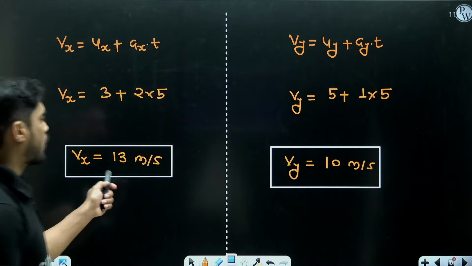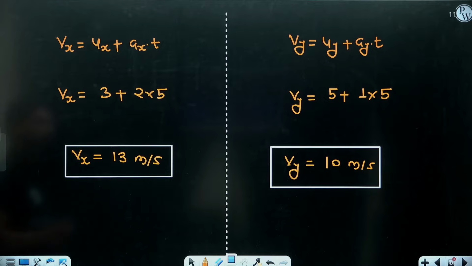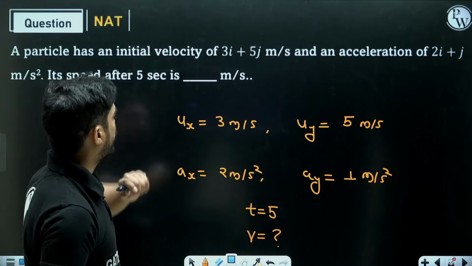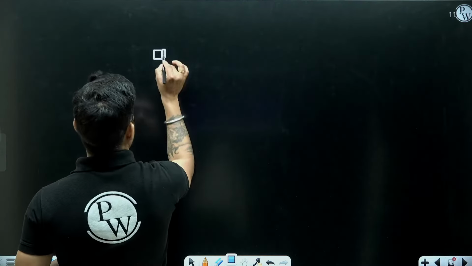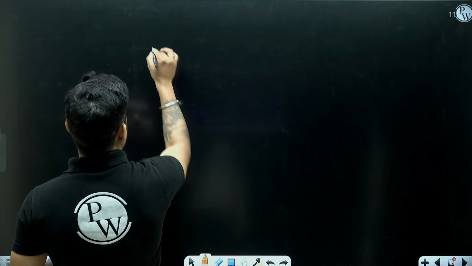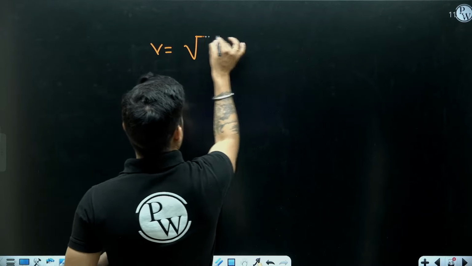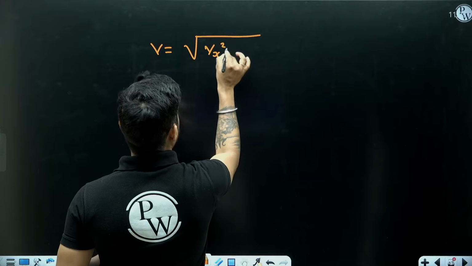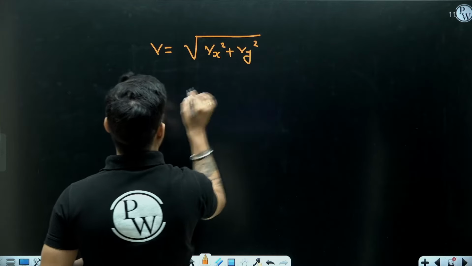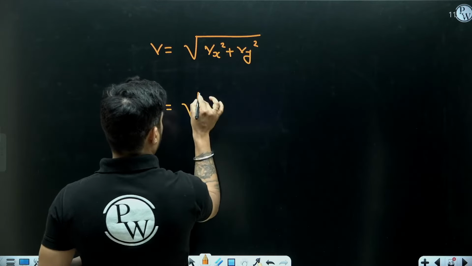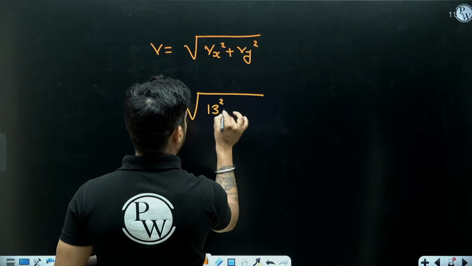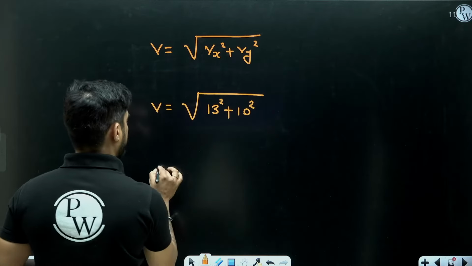So we have the velocity in x, we have the velocity in y, but they are asking you the total velocity. So it will be equal to root over Vx square plus Vy square, root over 13 square plus 10 square.